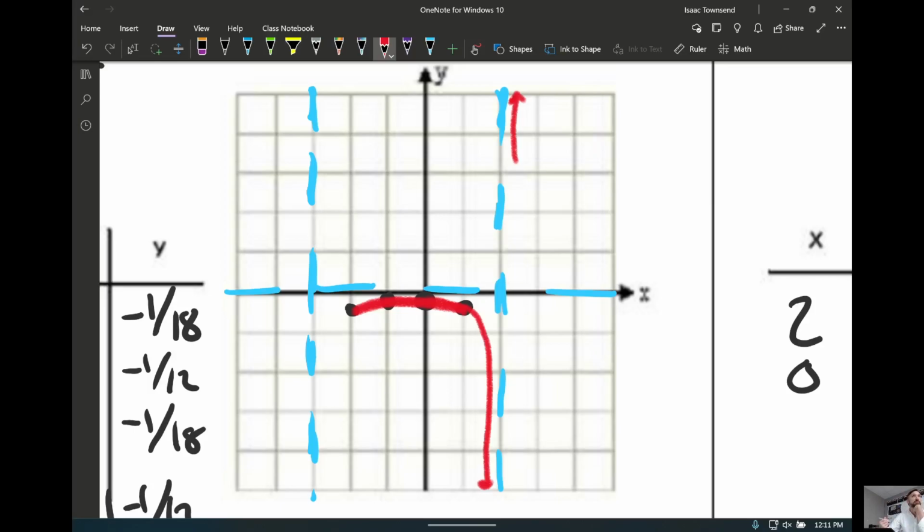And that will always be the case for our vertical asymptotes. Moving towards the left, I can see it's heading down to negative infinity on the right, which means we can assume it's going up to positive infinity on the left. So that's why the vertical asymptotes help a lot, because that almost completed my graph.